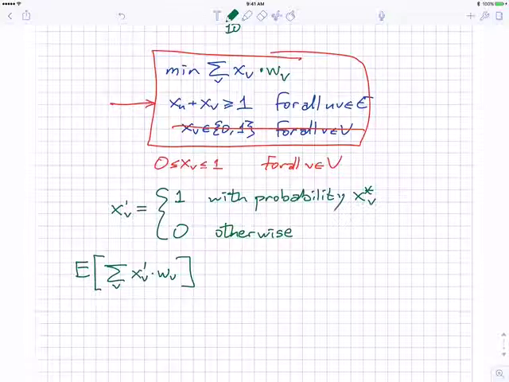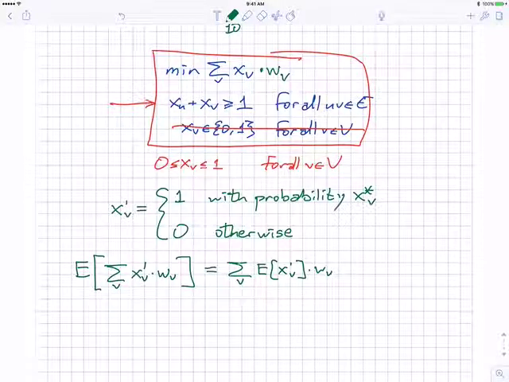Well, linearity of expectation gives me this. WV isn't a random variable, it's just a scalar that's given as part of the input. So I can distribute the expected value across the sum by linearity. But this is now the expected value of an indicator variable.